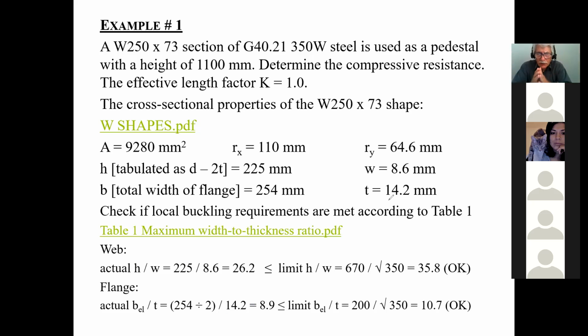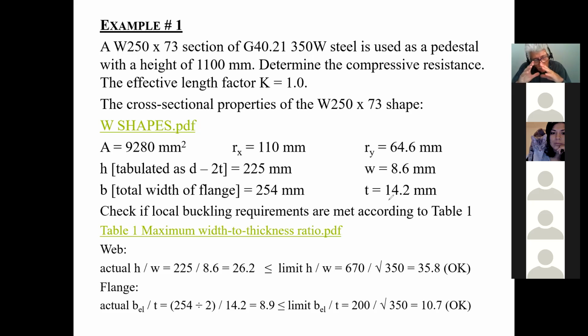You don't just blindly take a shape and assume that it's going to meet these requirements. You check them. And if they don't meet, choose something else. Or if you want to use that shape, go find the other formulas in the handbook that can treat this particular case. In other words, you're probably going to end up having a local failure, and therefore you're going to have to reduce how much that thing can actually carry.